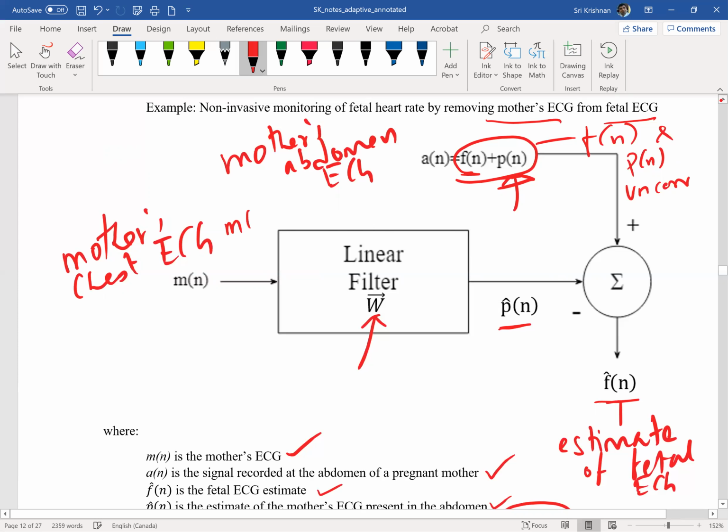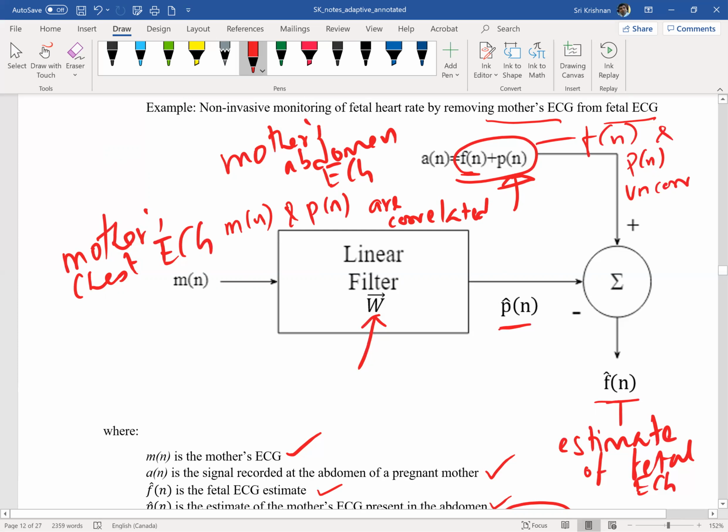So your Mn and Pn are correlated. It's true because it's coming from the same heartbeat. Mom's heartbeat is detected at two different sources, but they are correlated.